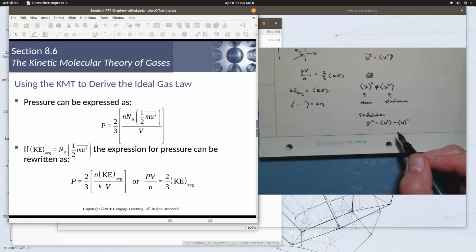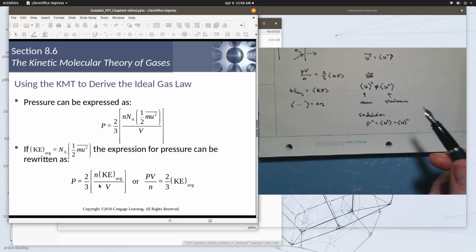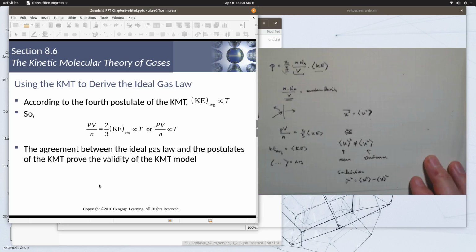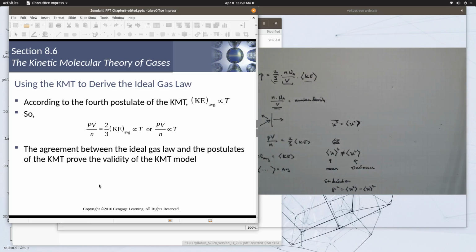If I have an average with plus or minus 5, that plus or minus 5 is related to the standard deviation, the RMS deviation about the mean. So there are a lot of statistics concepts to think about when dealing with these kinetic models.